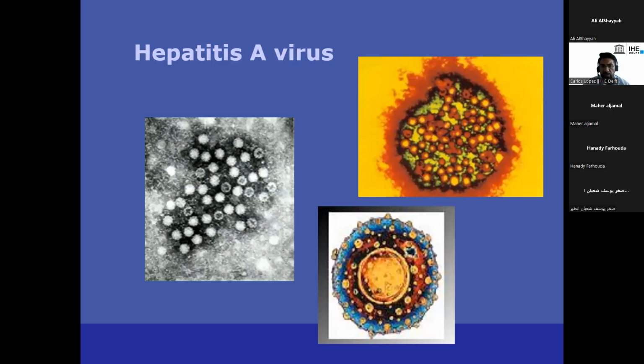We have the case of the hepatitis A virus that mostly affects the liver. It causes malfunction of the liver, a strong inflammation, and the liver is an essential organ in our body, so this can be of main concern.